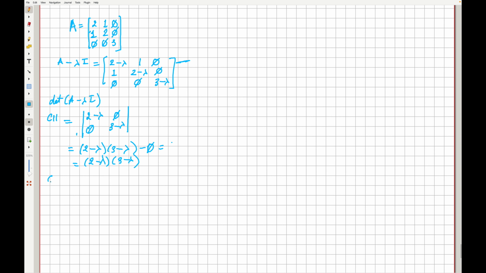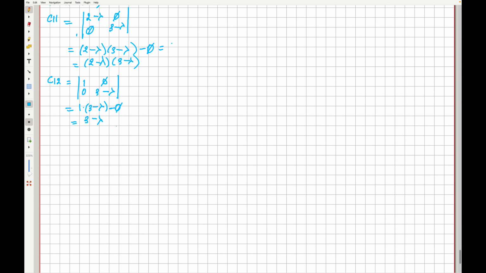Then we calculate the term C12, which is 1 0 and then 0 3 minus lambda. So what we get is the following: 1 times 3 minus lambda minus 0 is equal to 3 minus lambda.